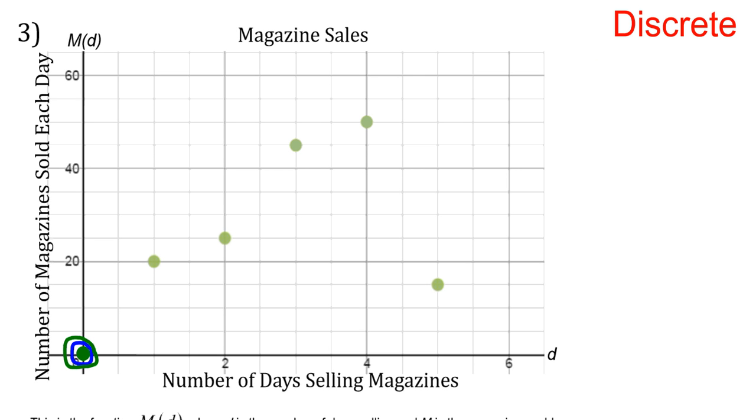So again, to recap, we have a discrete function here. The key features that we noticed about our discrete functions is that we had both an x and y-intercept. Because it's discrete, we know that the domain and range have to be listed out as individual values within the brackets. You will not have any increasing, decreasing, or constant intervals with a discrete function.